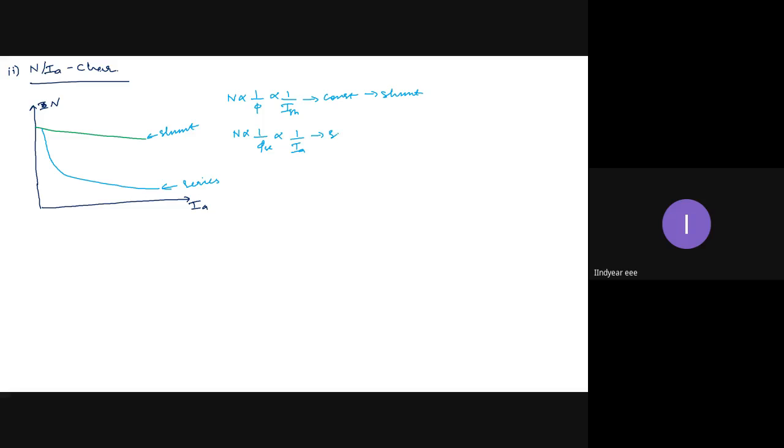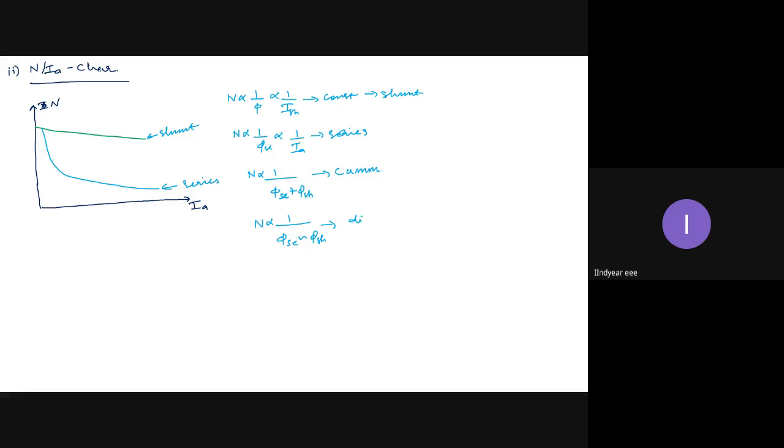So this is for series, which is decreasing with respect to the armature current. Now N is inversely proportional to phi SC plus phi SH. This is in cumulative. Now N is inversely proportional to the difference of phi SC and phi SH.